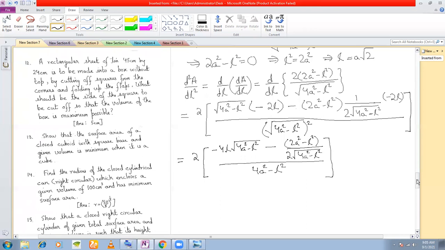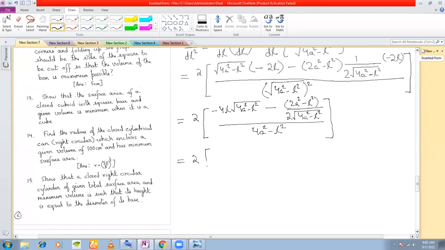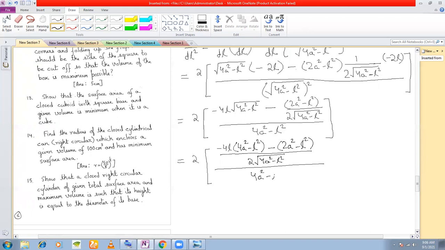You take the LCM in the numerator. If you take the LCM in the numerator, you're going to get minus 4l into (4a square minus l square) minus (2a square minus l square) divided by 2 root 4a square minus l square, divided by 4a square minus l square.